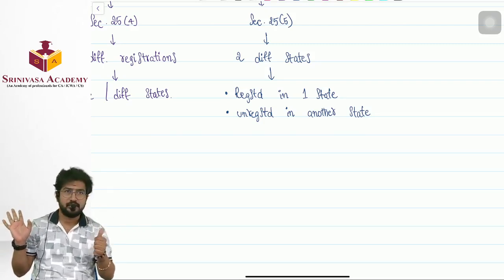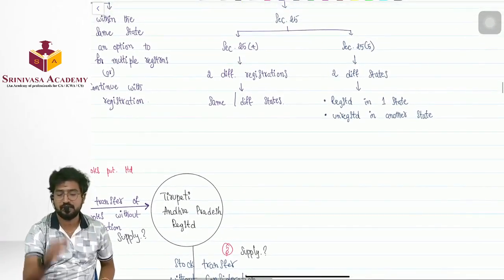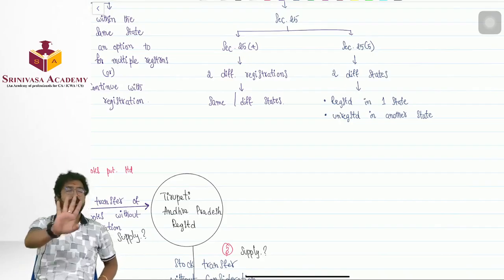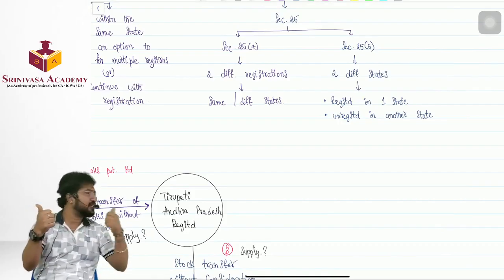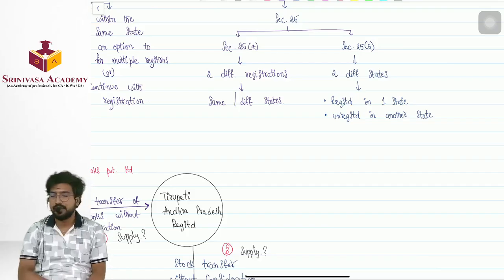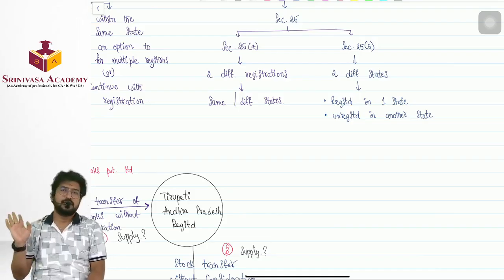So I repeat, Section 25 subsection 4. Look at this carefully. The meaning of distinct person is given in two subsections, one is subsection 4, the other is subsection 5. For subsection 4, what you need is two different registrations, same state or different, whatever it is.